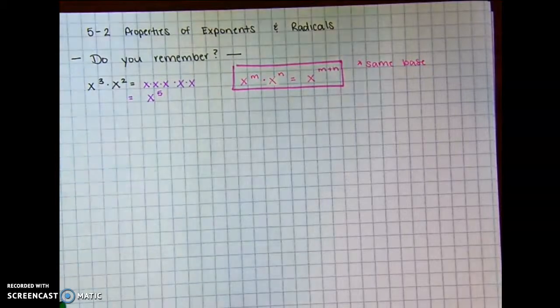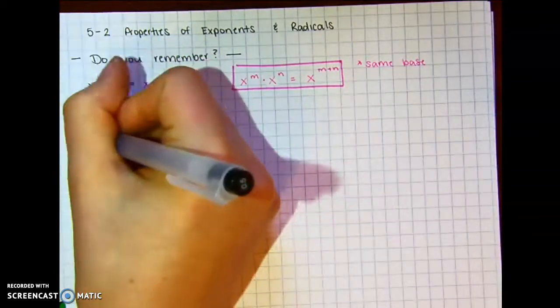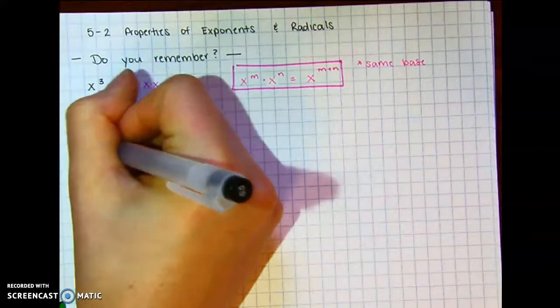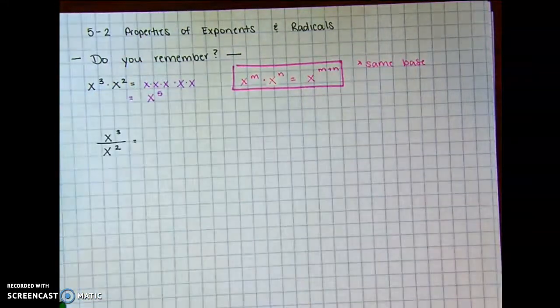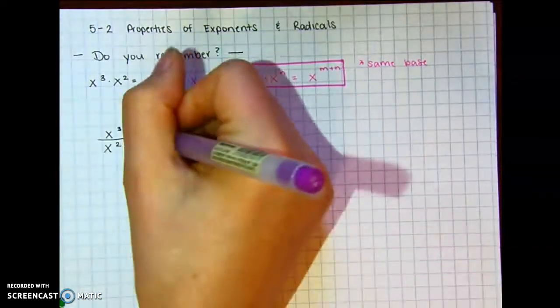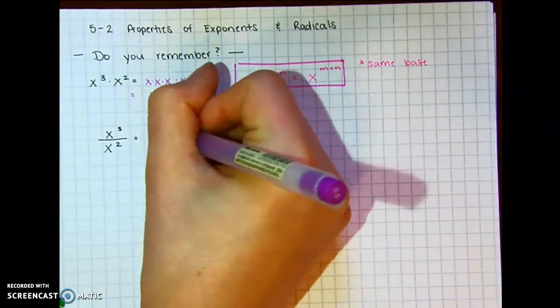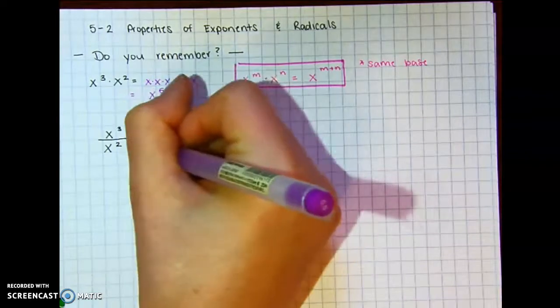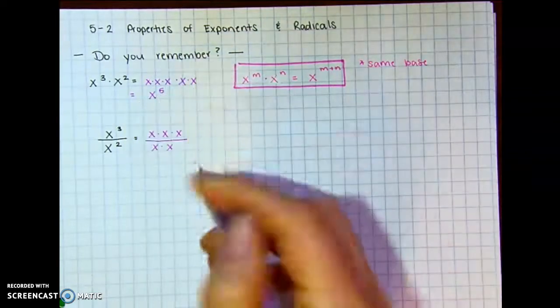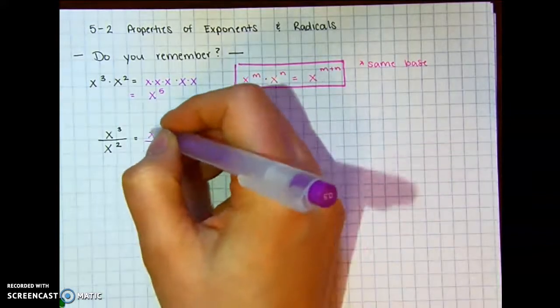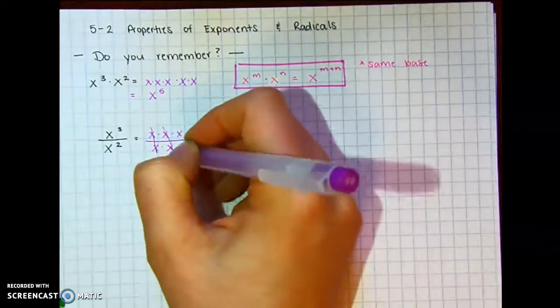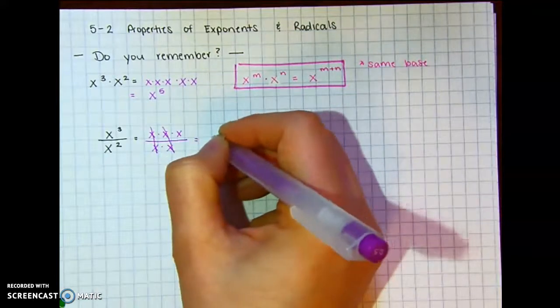If we have x cubed divided by x squared, we could rewrite this as x times x times x divided by x times x. Because we're multiplying and dividing by the same things, these will cancel, and I'm left with x.